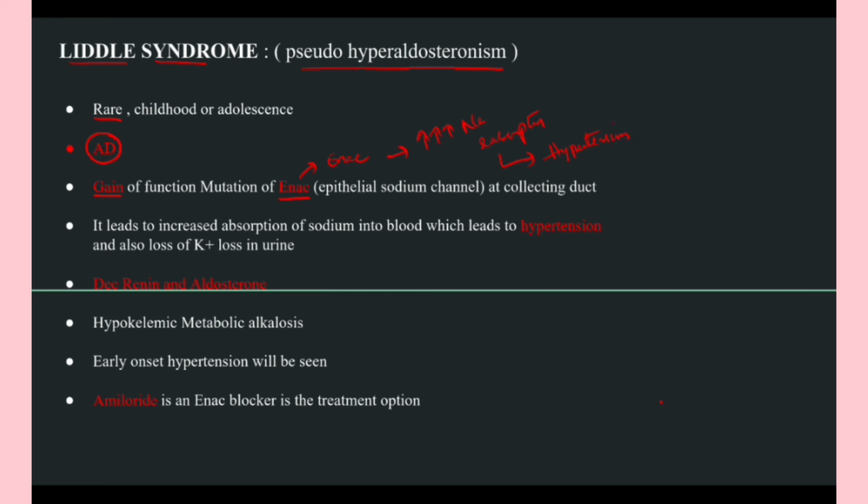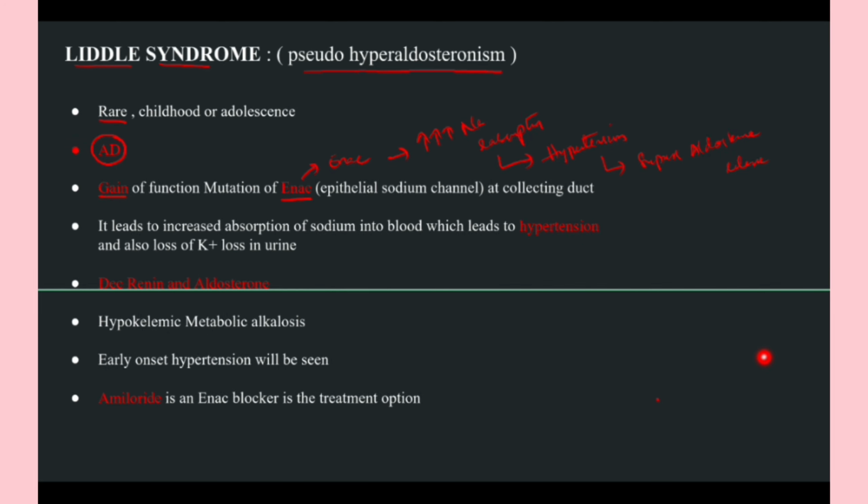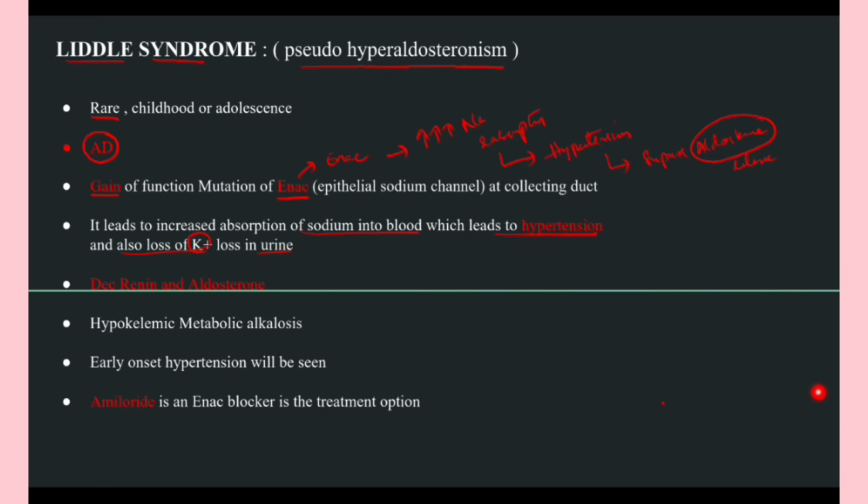This hypertension suppresses aldosterone release. So this entity gives the picture of hyperaldosteronism, but in reality the aldosterone levels are low. So it is pseudohyperaldosteronism. It leads to an increase in the absorption of sodium into the blood, which leads to hypertension and also loss of potassium ion in urine.